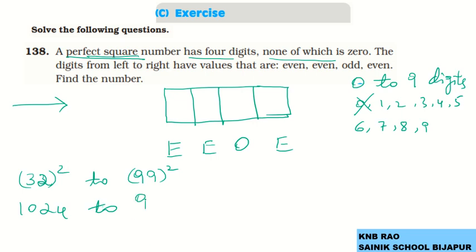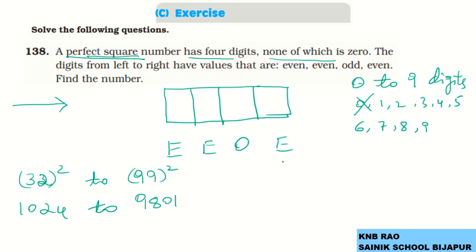It is 9801. If you observe this huge number of perfect squares, you can identify which will have all these properties. Property 1, it shouldn't use 0 at all. That means 1024 cannot be considered, 9801 cannot be considered. So like this, it's a big list.